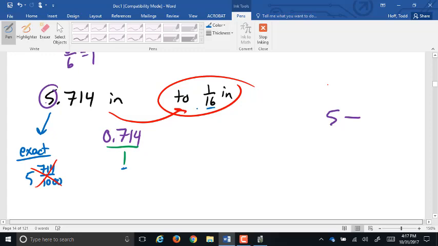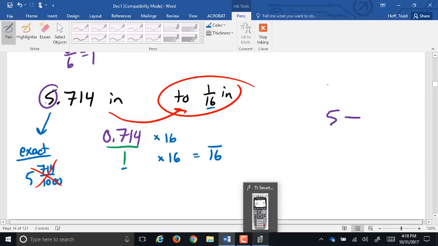For 16ths. How do I turn a 1 into a 16? I multiply by 16. If I multiplied the denominator of the fraction by 16, though, what must I also do? Multiply the top by 16.